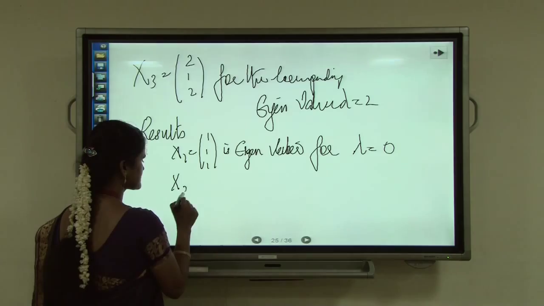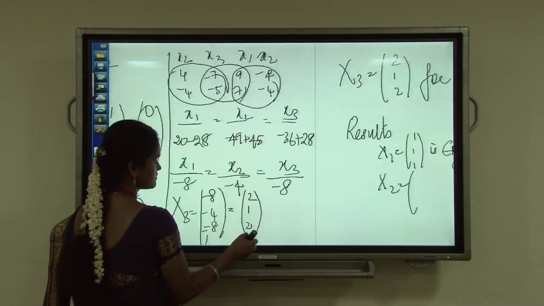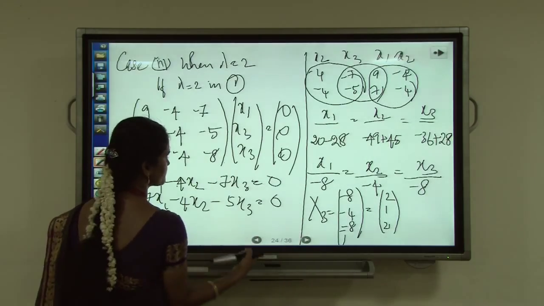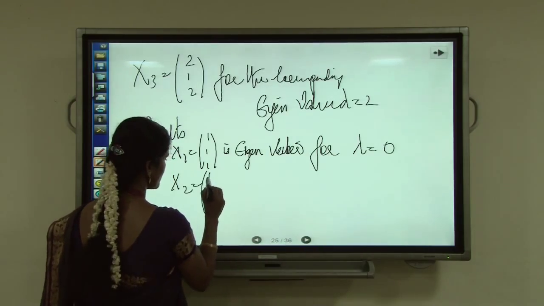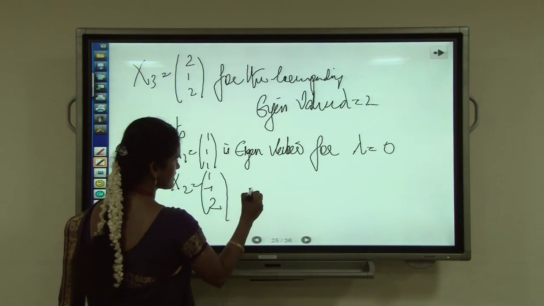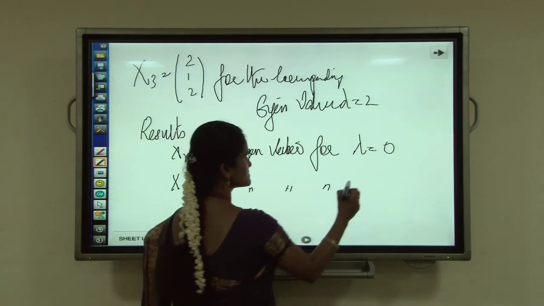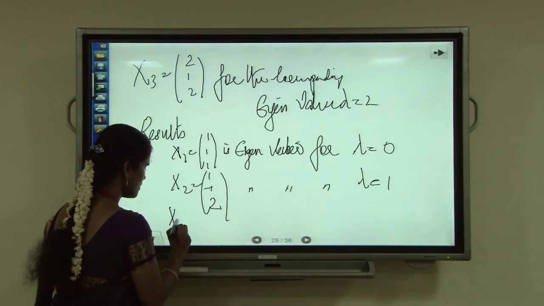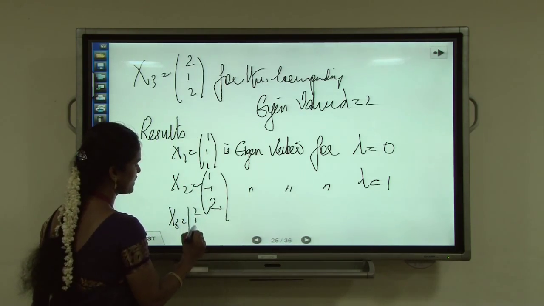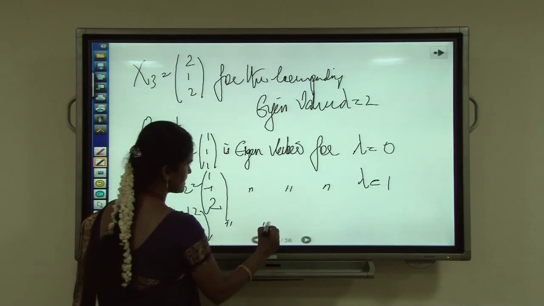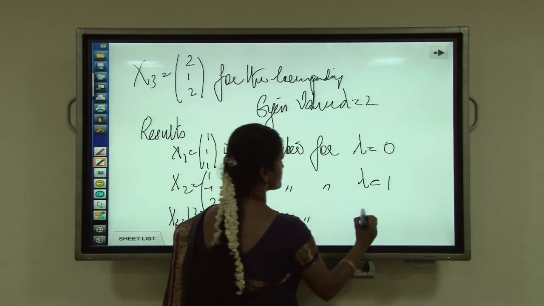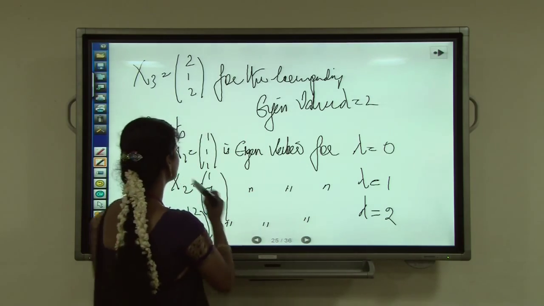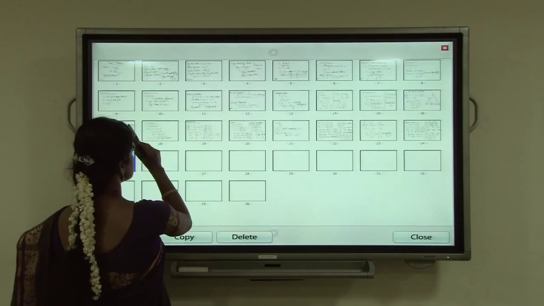Your capital X2 is 1, minus 1, 2, the eigenvector for the corresponding eigenvalue lambda is equal to 1, and your X3 is 2, 1, 2, the corresponding eigenvector for lambda is equal to 2. So this is what is expected.